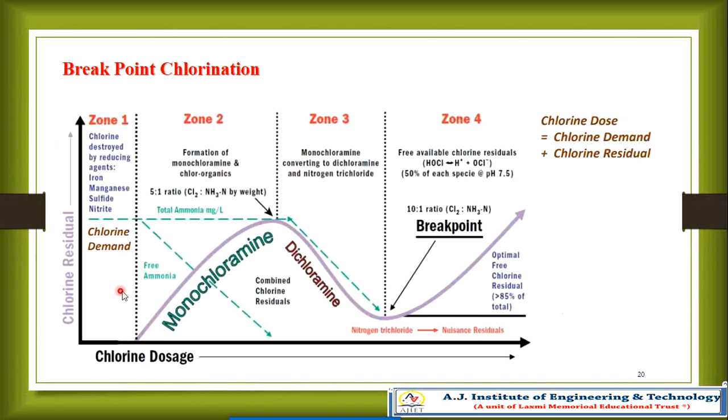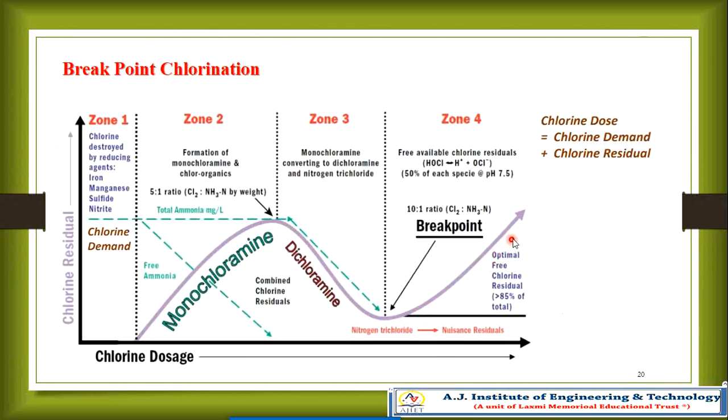This is the zone of killing the bacteria, and this zone is the reaction on the water. If these particles, chemicals or agents are present, then the reaction happens on them. But here is the portion where the killing of harmful bacteria, the disinfection action, takes place.